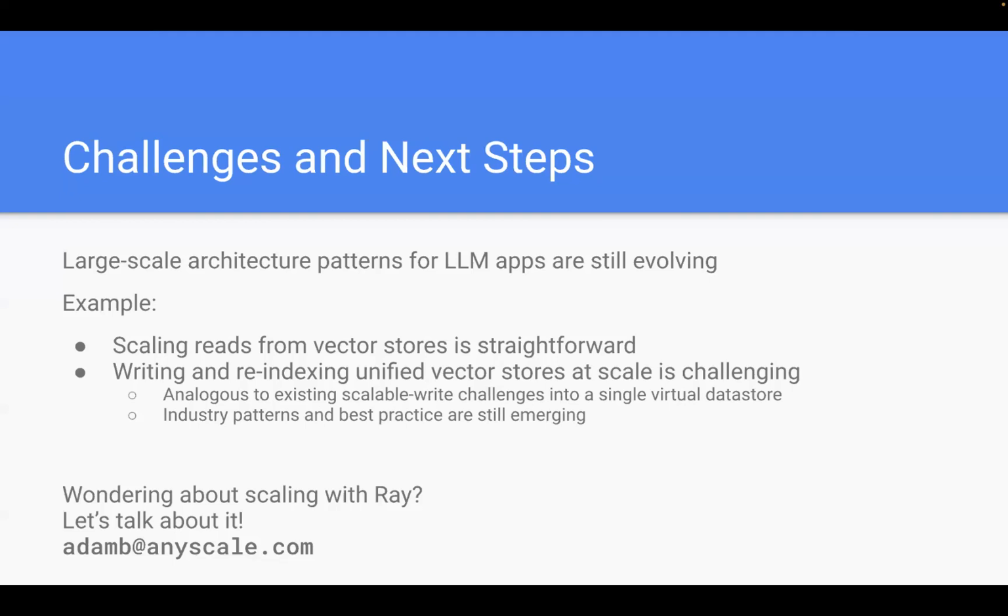And so that's an area where I think the industry patterns are still emerging. What are going to be some of the standard patterns that make the most sense for keeping this simple when we're building these applications? Currently it requires a little bit of architecture. Hopefully this will get a little more standardized over the next months.